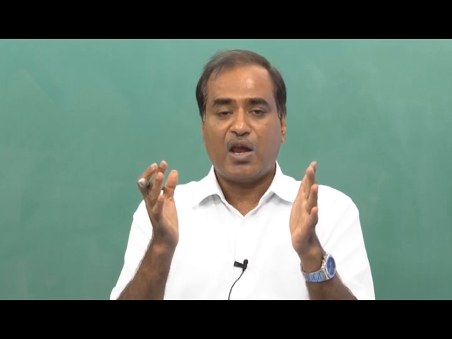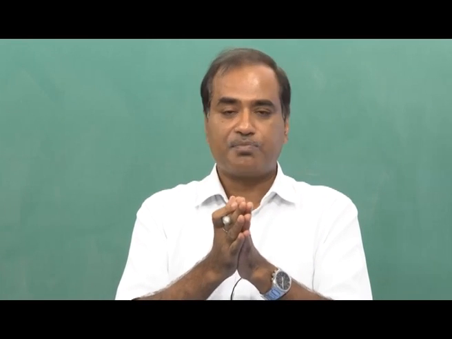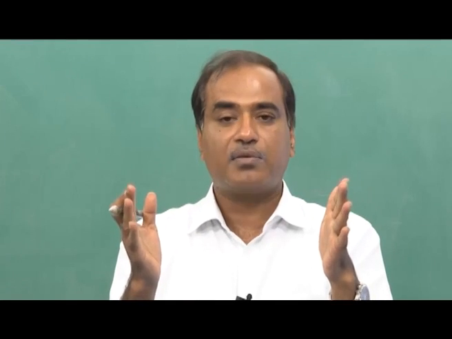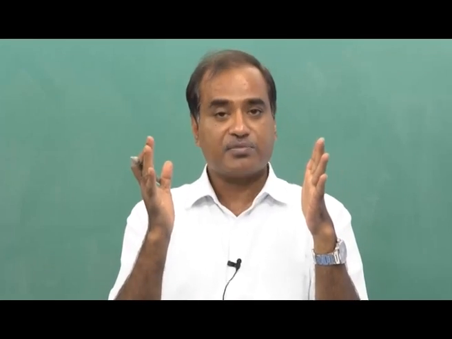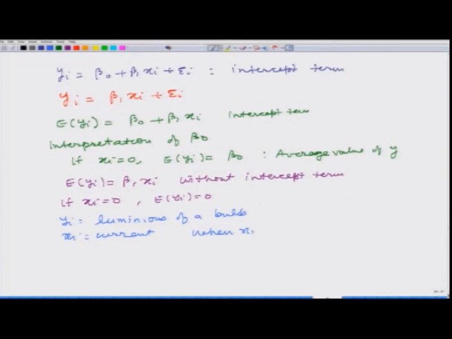But if I put no current in, the bulb will not glow and the luminance will be 0. So, when xi is equal to 0, the average value of yi is always 0. In this case, I would like to have a model without an intercept term.